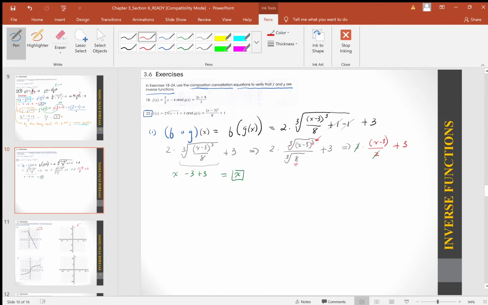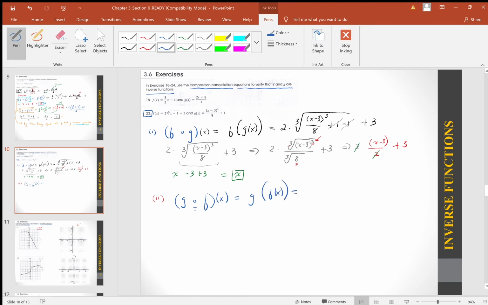Okay, so for the second part, we want to look at the composition of, again, this is not a 0. Okay, that's just showing you this composition. That's a symbol for it. Okay, equals g of f of x.